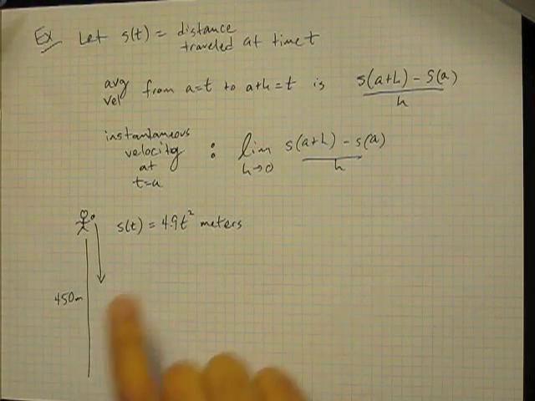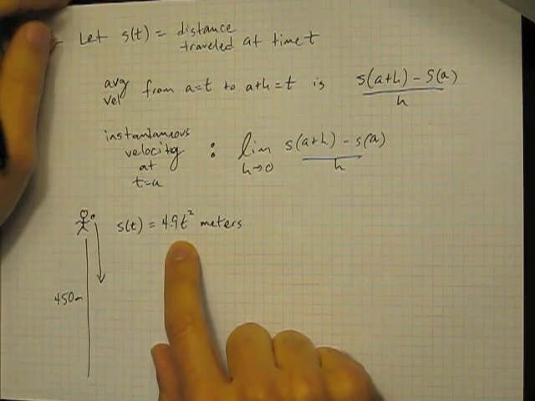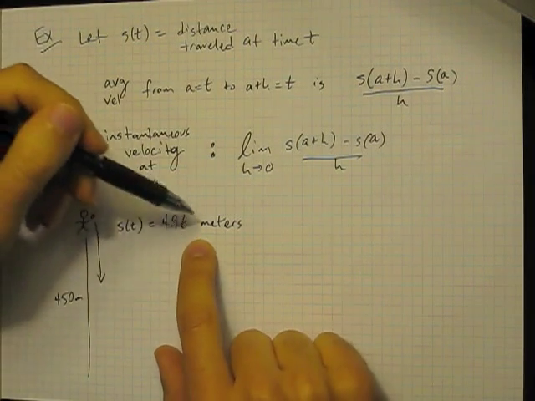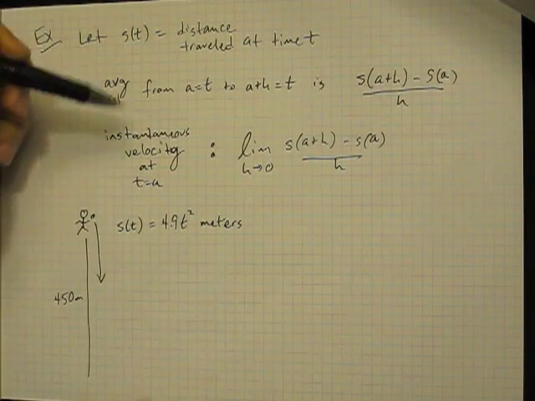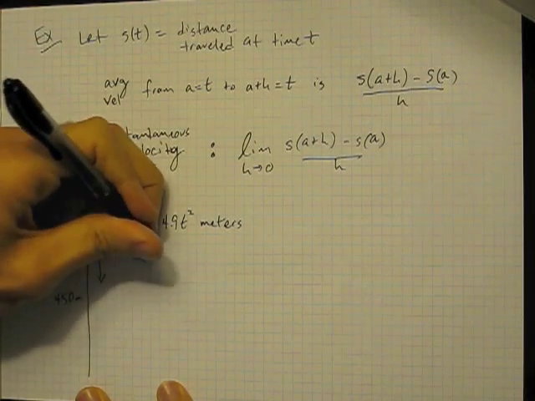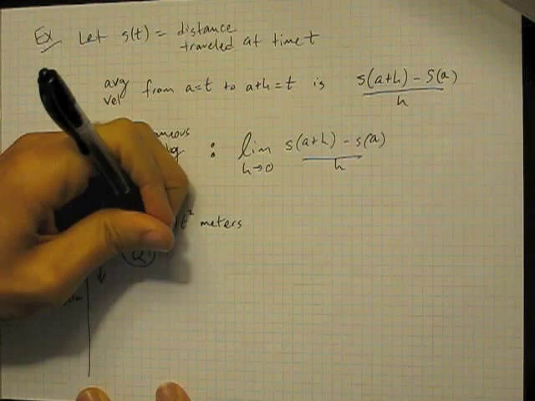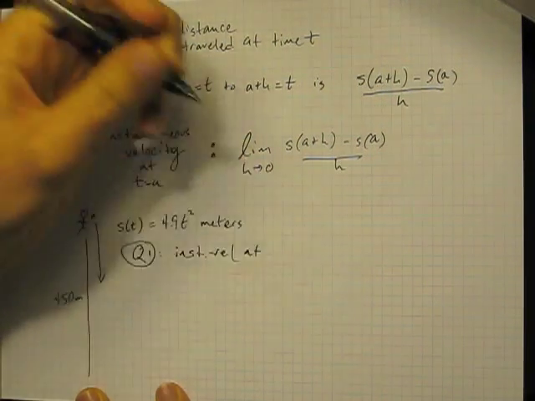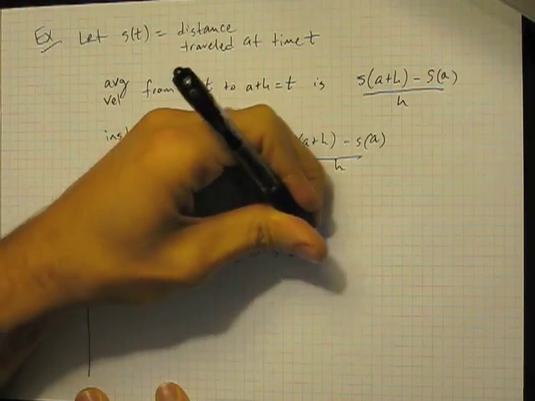Okay, so after 1 second it would have gone 4.9 meters, and after 2 it would have gone 4.9 times 2 squared, or 19.6 meters, and so on. So question 1, what is the instantaneous velocity at 5 seconds?